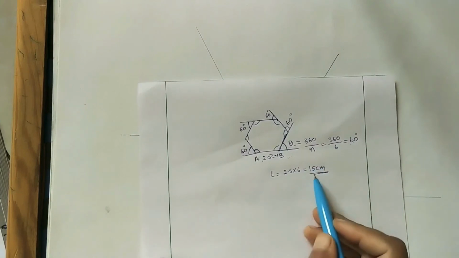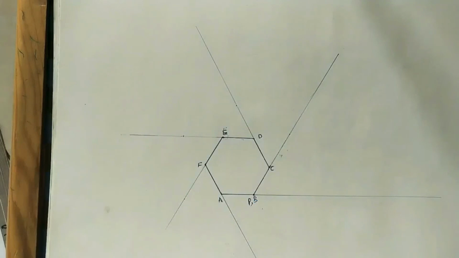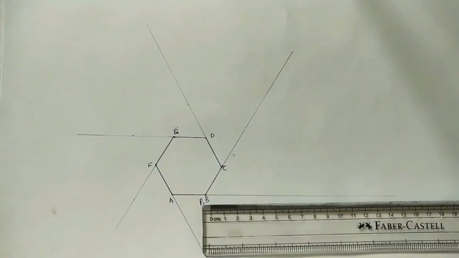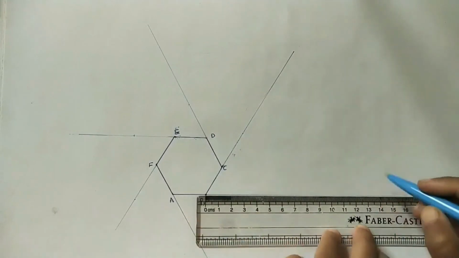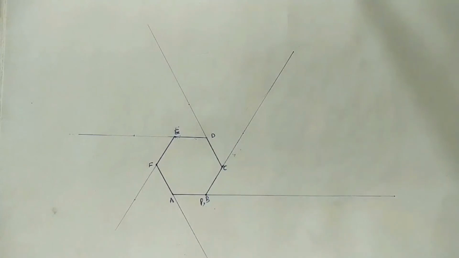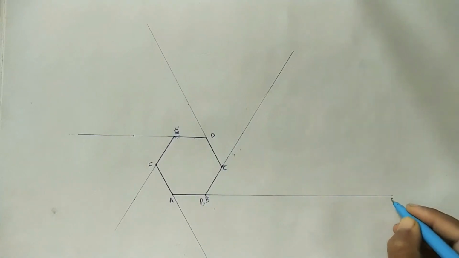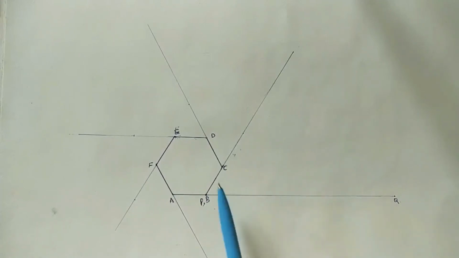Okay, 150 by 6, so 25 mm. They are given also 25 mm. So this 150 distance, circumference of the hexagon, we divide into 6 equal parts, because hexagon has 6 sides. 150 divided by 6, so 25 is each distance.